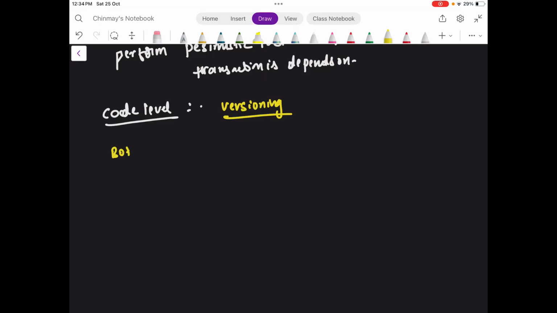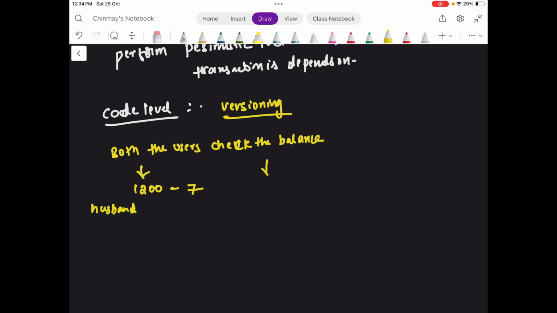When both users check the balance, it will give us the balance 1200 for the husband, along with a version number, that means version 7. At the same time, for the wife also, it will give 1200 with version number 7.